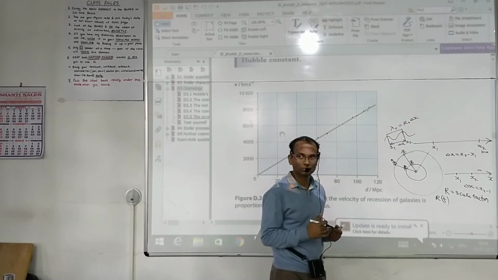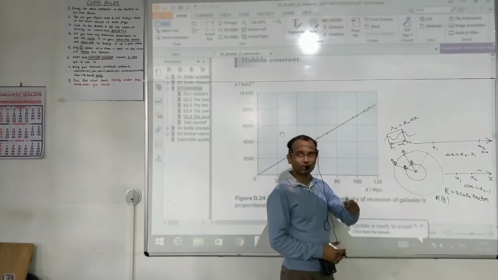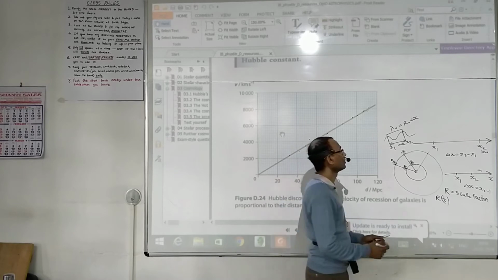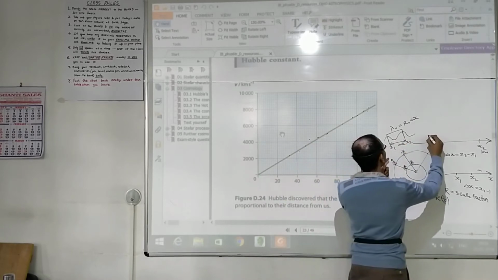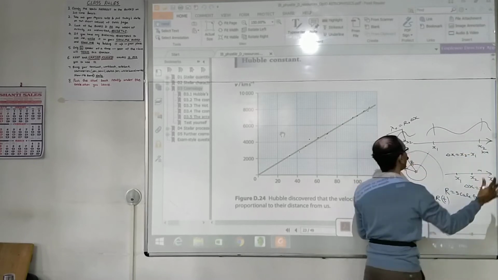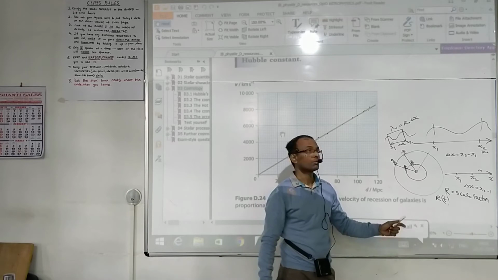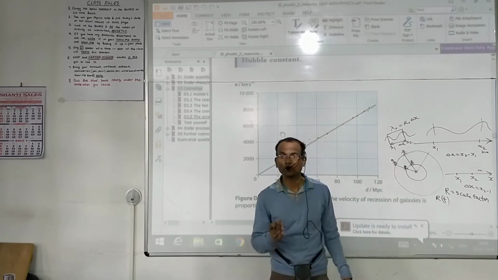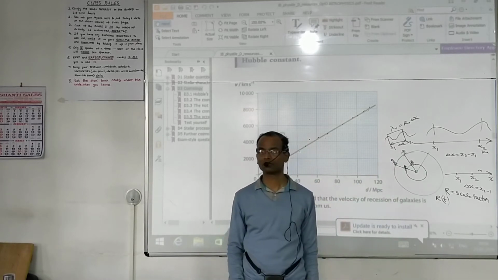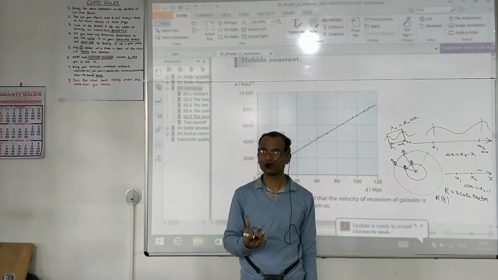And now the universe has expanded. So the scale factor has become a new value. That means this wavelength has become bigger in every way. Amplitude also seems to have become bigger. But in electromagnetic waves, amplitude does not denote energy. In a classical mechanical wave, amplitude denotes energy, but in an electromagnetic wave it doesn't.